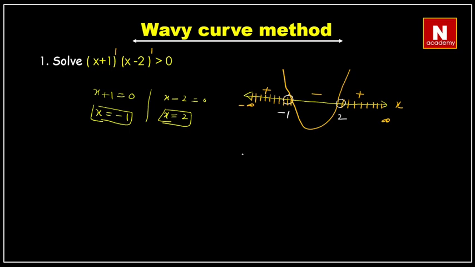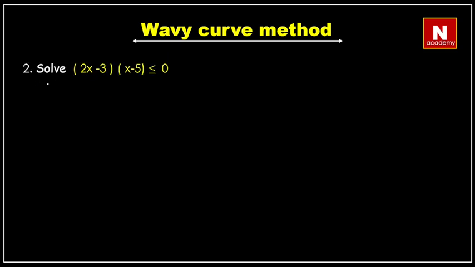Therefore finally the solution set is x belongs to minus infinity to minus 1 union 2 to plus infinity. This is called the solution set. Here minus 1 and 2 are not included, that's why I am taking the open interval. Now problem number 2.